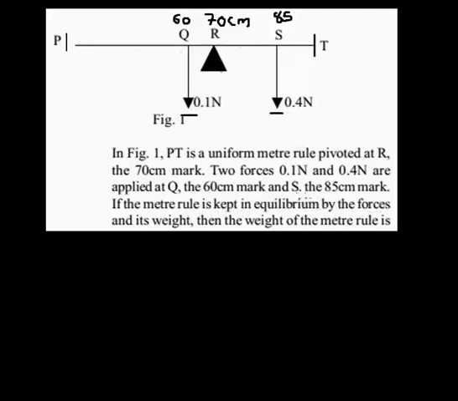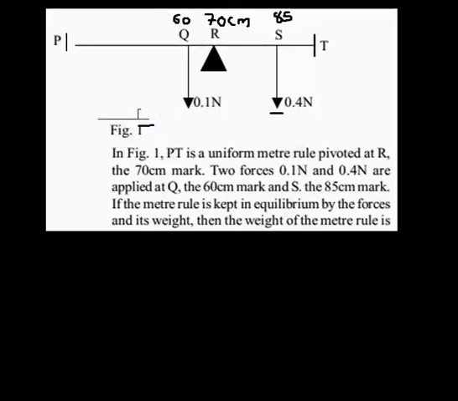All right, okay, by the forces and its weight, then the weight of the meter rule. So of course the diagram has already been drawn well for us, but we're looking for the weight. The question is, at what point will I place the weight of this meter rule? You should know very well that the weight of a meter rule actually acts at the center of the meter rule.